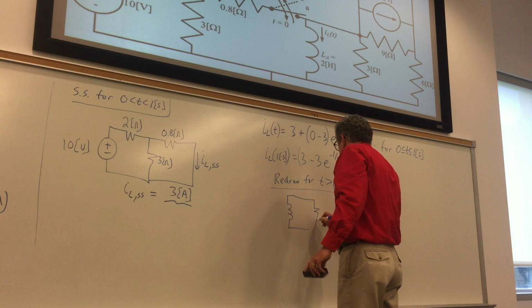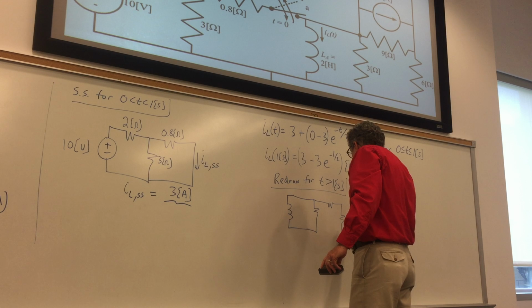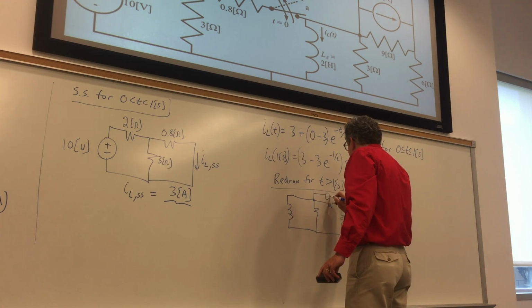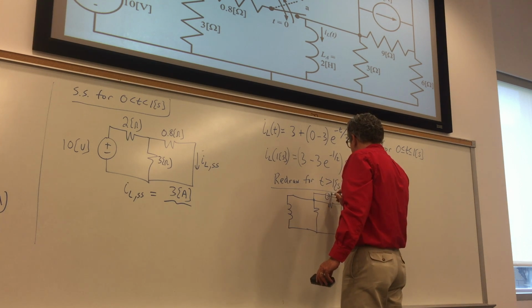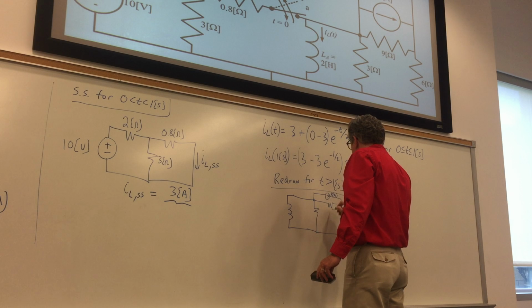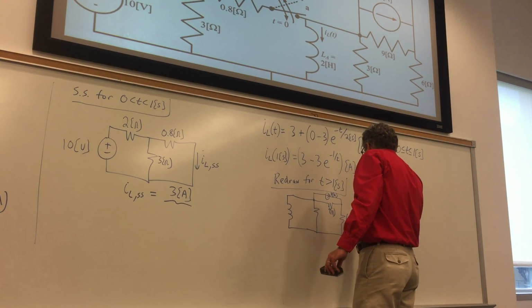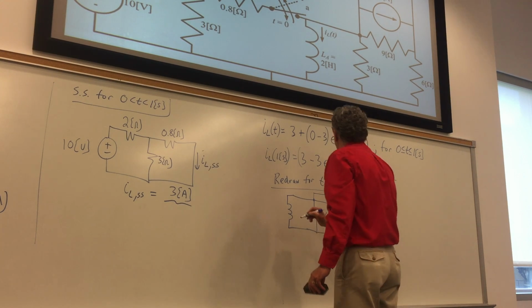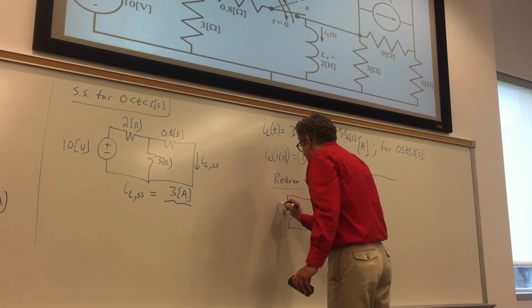And I have a resistor here, and a resistor here, and a resistor here, and a current source which now is not negligible anymore. 8 amps. 9 ohms. 6 ohms. 3 ohms. 2 henries. Current here, iL.